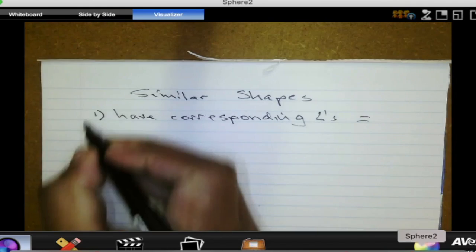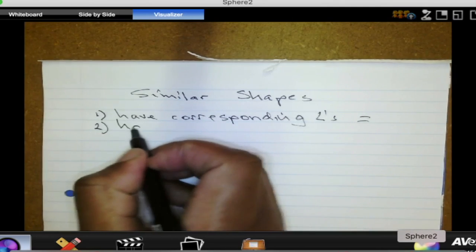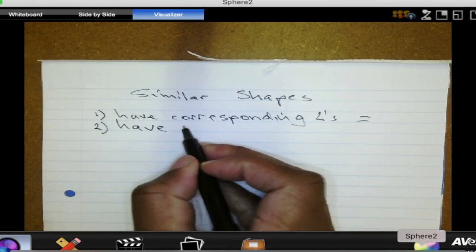That is number one. But when it comes to the sides, the sides won't necessarily be equal, but the sides will be in proportion. So their corresponding sides are in proportion.